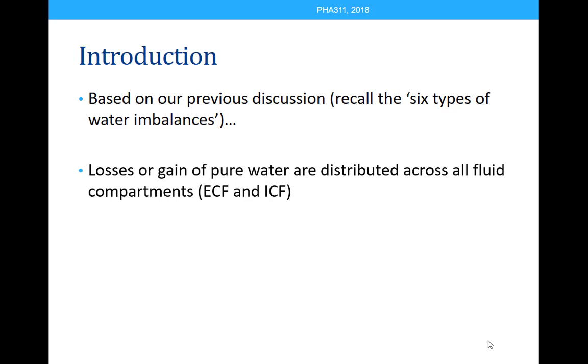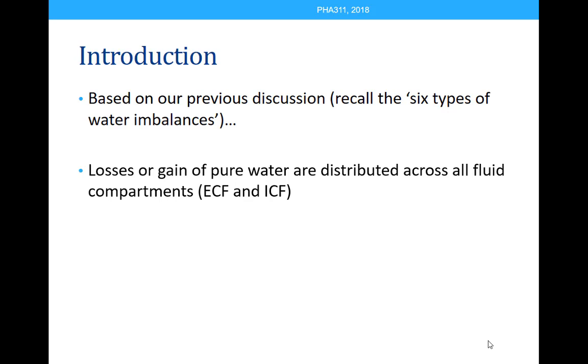If you lose or gain pure water, I can also put here hypoosmotic fluid, which means there is more water lost than sodium lost. Okay. So, if you lose pure water, the loss or gain in both cases, whether you lose or you gain pure water, it will be distributed across all fluid compartments.